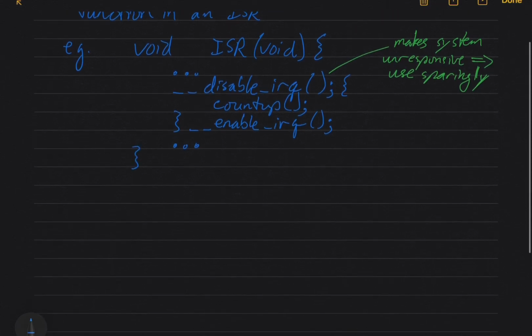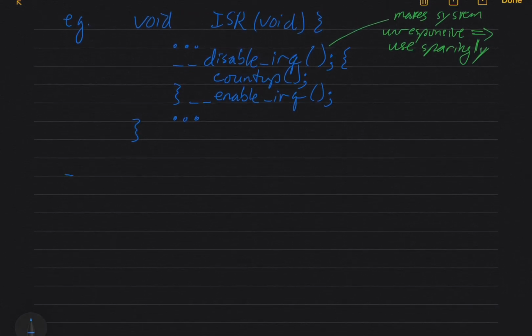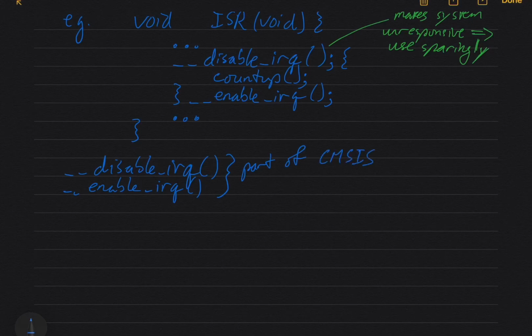Okay, so these two functions, disable IRQ and enable IRQ, they're both part of the CMSIS library. And you'll have seen the CMSIS term in the lab videos, and I might have mentioned it before too.